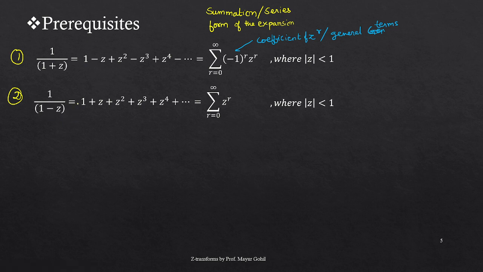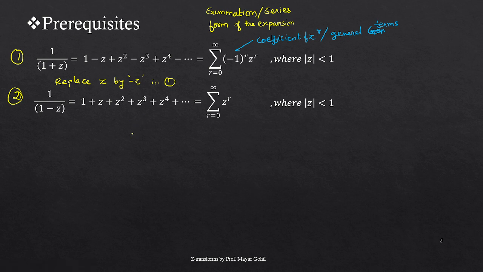What you need to do is, in the expansion formula, you just replace z by minus of z in the first formula, you get the second formula.